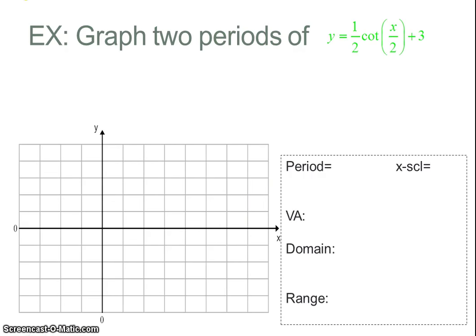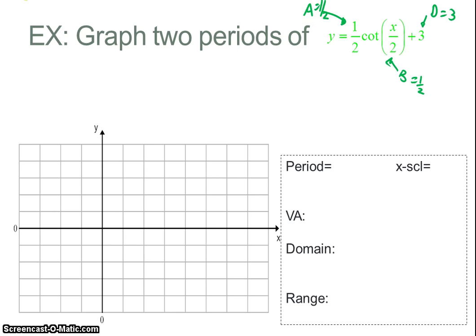So for the first example, we want to graph two periods of this function. And for this one, we're going to have a period change because I have that b is 1/2. I'm going to have a vertical change because my d is 3, and an amplitude change because my a is 1/2.